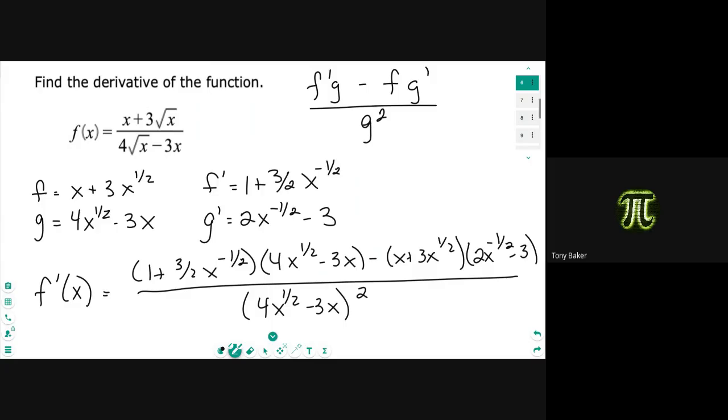I'm fine with you leaving it there. It might simplify down a little bit, but not enough that it's actually going to matter.